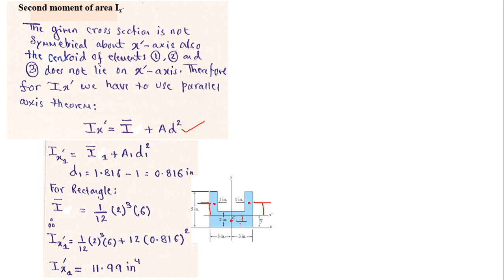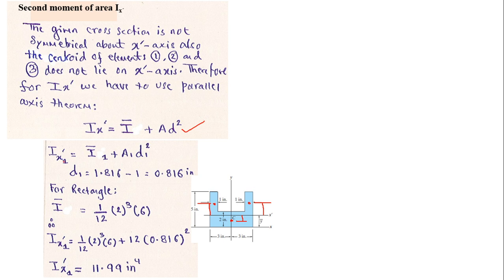These are all D's, and the calculation of these D's wouldn't be possible if we hadn't calculated the y coordinate of the centroid for this entire cross section.